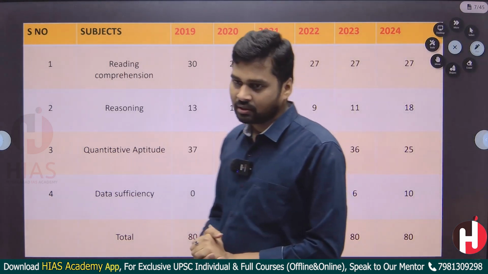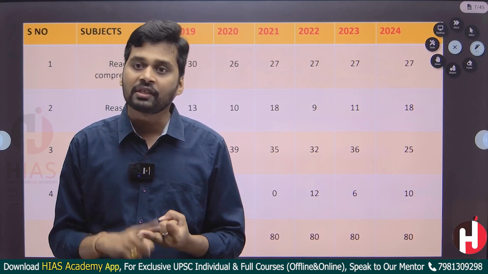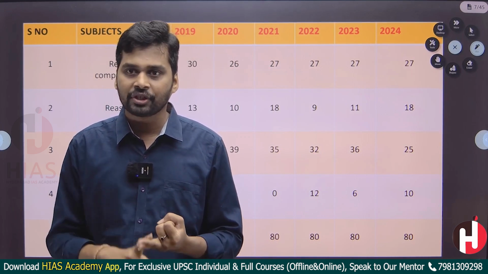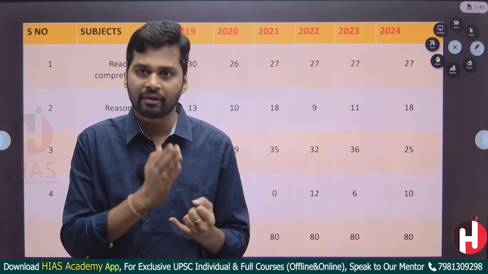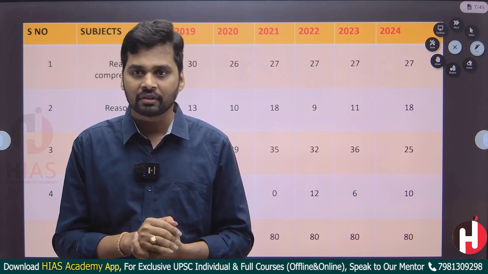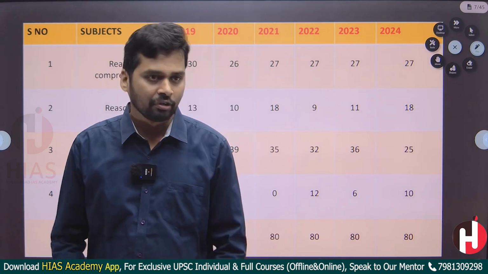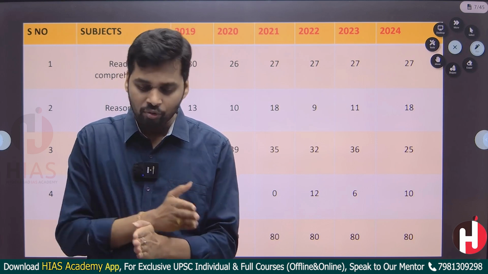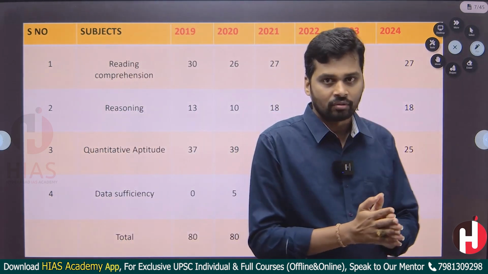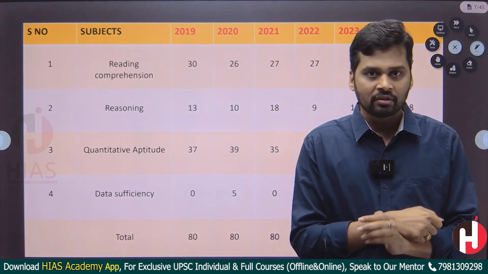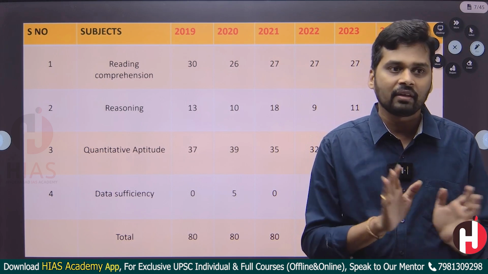The main reason was that 90% of the questions were from reading comprehension and logical reasoning completely. So there was no need of doing the aptitude part. That's why, if you look at the statistics before 2019, CSAT was not a hurdle. You could clearly qualify in that paper.